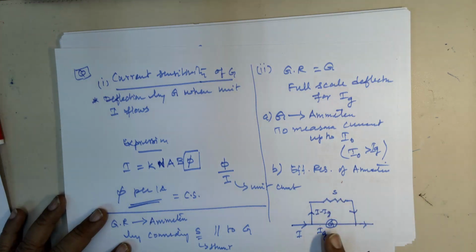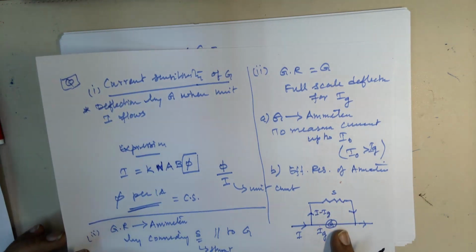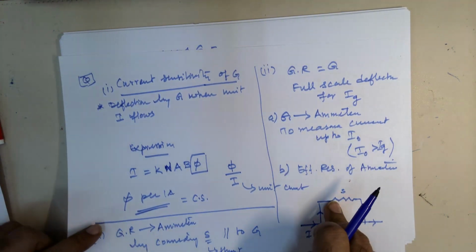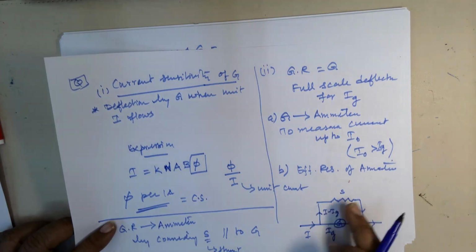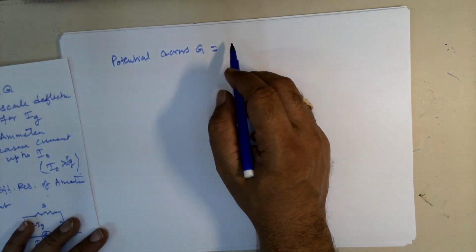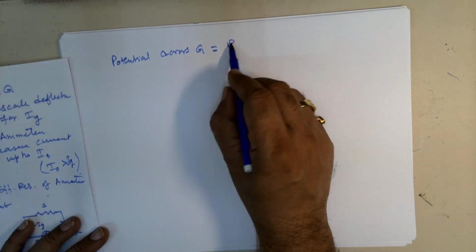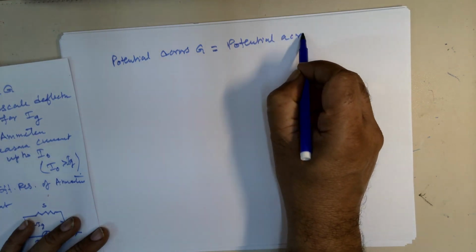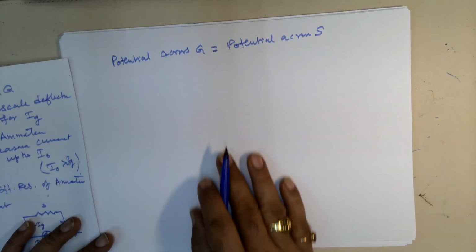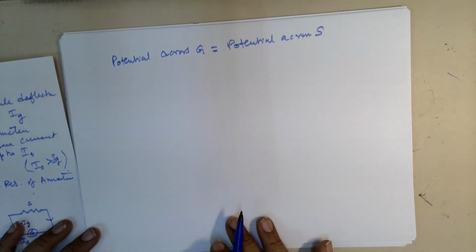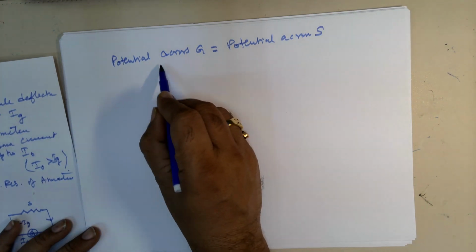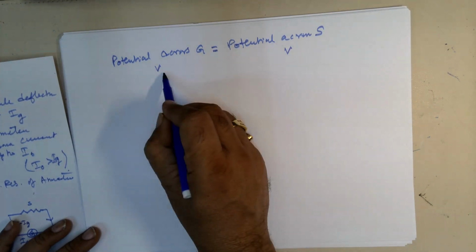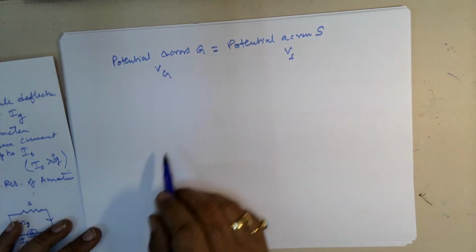When it is parallel, the potential across G is equal to V, because V is constant here, and the potential across the shunt is also V. This is of G, this is of S.